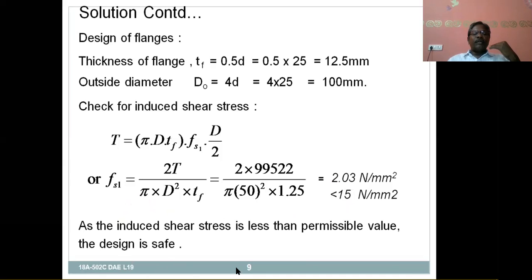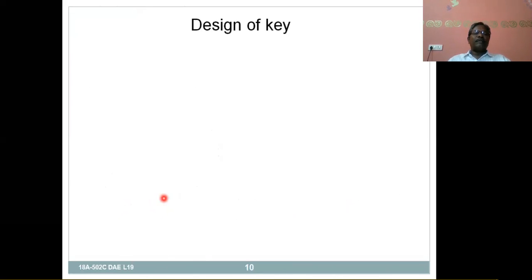So as the induced shear stress is less than its permissible value, the design is safe in case of flange coupling. Flanges, design of flanges. And now the design of key.